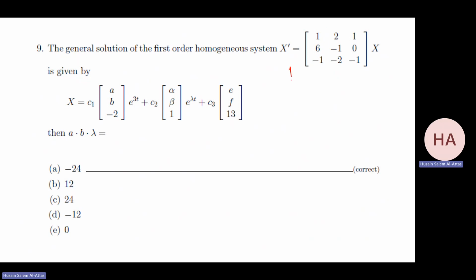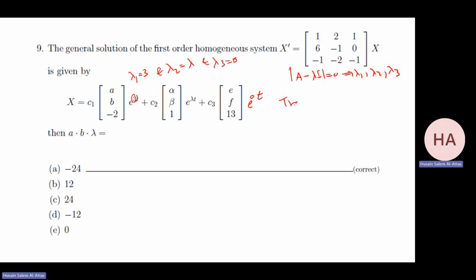Here, I need to do determinant of A minus lambda I equals 0 to find lambda 1, lambda 2, and lambda 3, which will take a long time. However, I know this is lambda 1, so lambda 1 equals 3, and lambda 3 is 0.